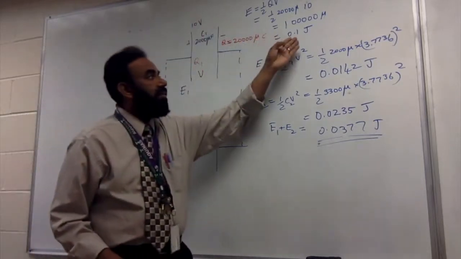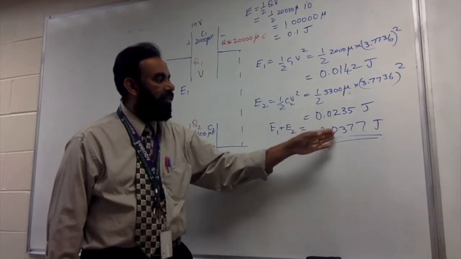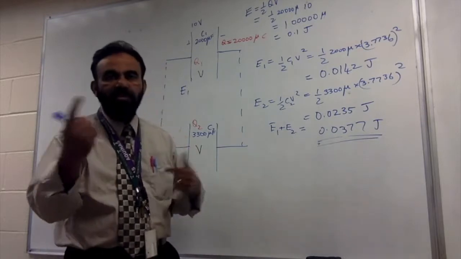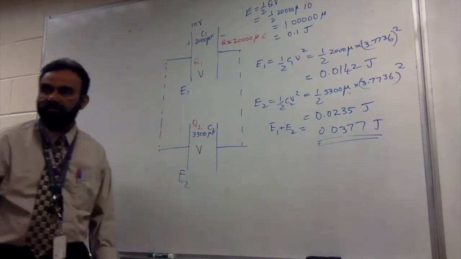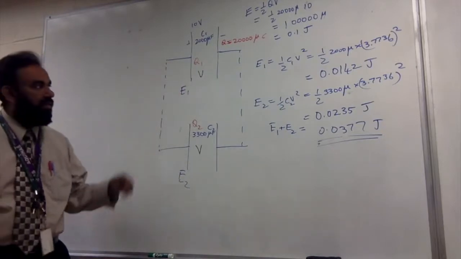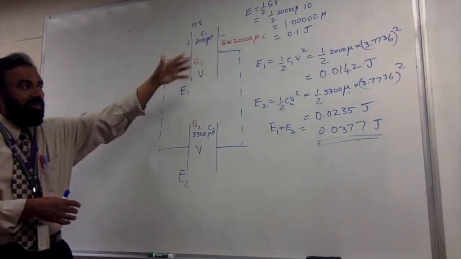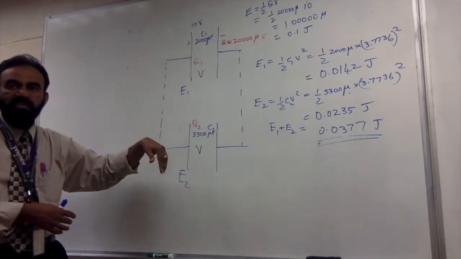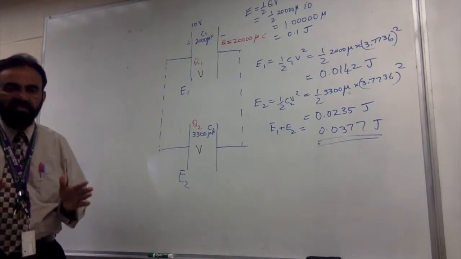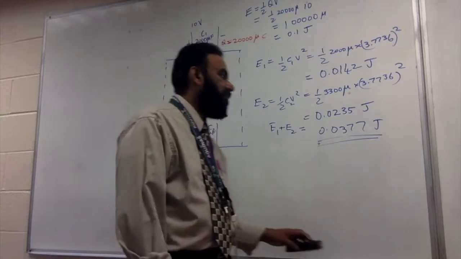So you had 0.1 joules, and now you have only 0.03. All that. You know the reason where it is gone, right? Where did it go? Heat in the wires. Now, this is a totally different situation where you had initially some energy and then it is taking some energy and dumping. That's why it's not like half. It's not going to be half unless it's like first time charging. When you're charging it for the first time, that's when it is.